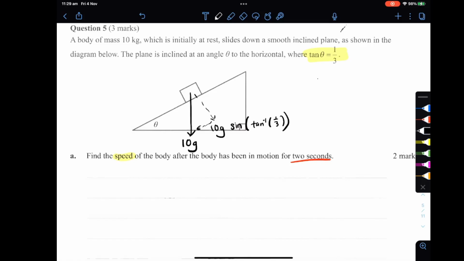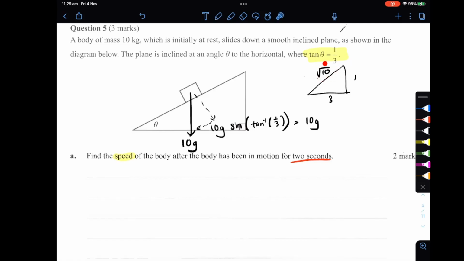If we evaluate sine of tan inverse of 1 over 3, then basically it's this triangle here where we have the opposite being equal to 1 and the adjacent being equal to 3. So this side is root 10. So that means this here is just 10g.